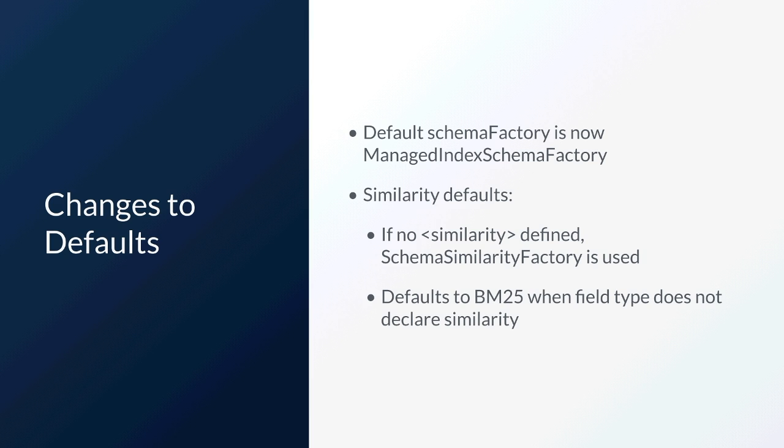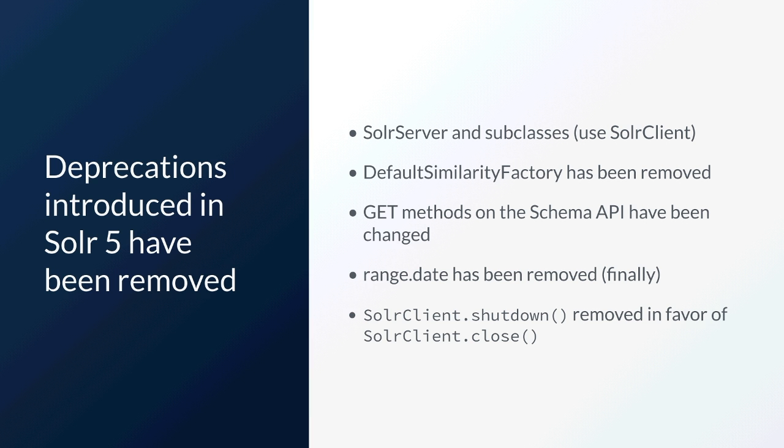In Solr 5 and earlier, there's a default similarity factory. That actually has been deprecated and replaced with a class, I think it's called classic similarity factory. I should have written this down. I'm sorry. It is in the documentation exactly what the names are.